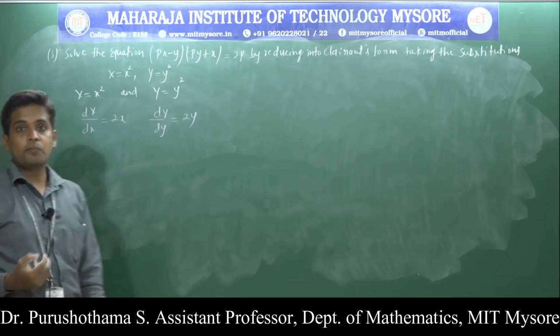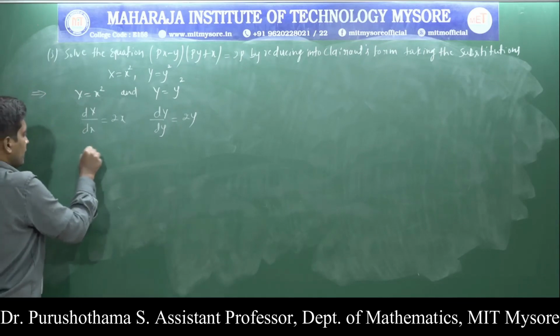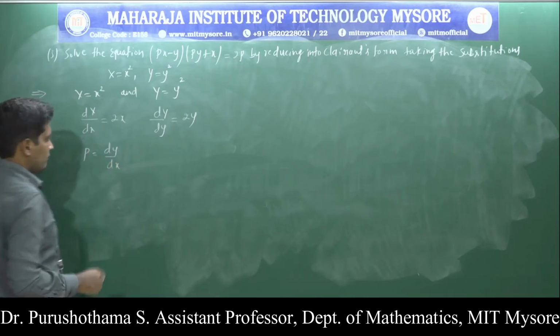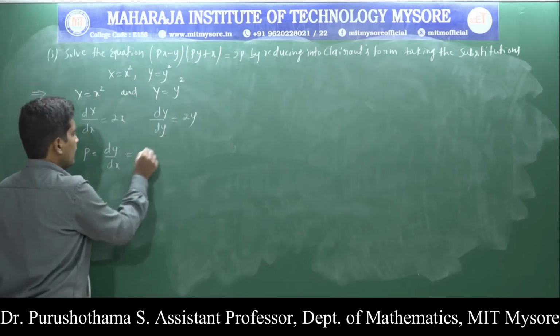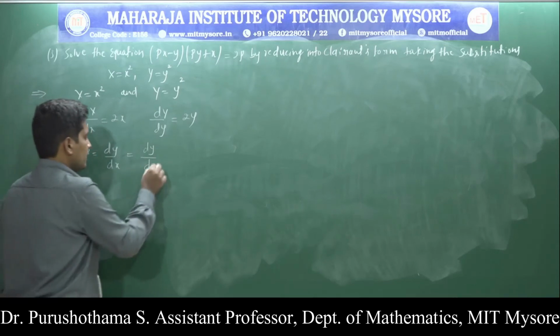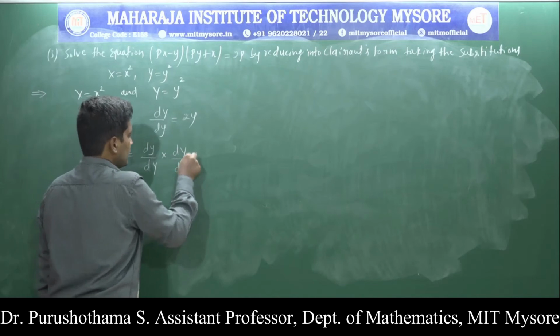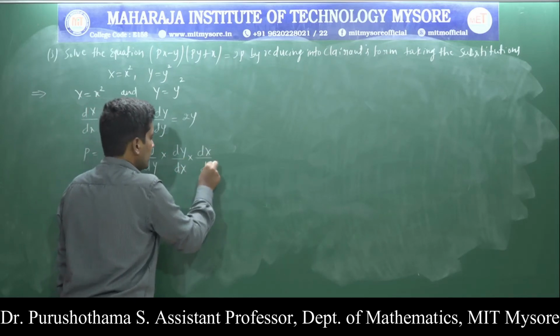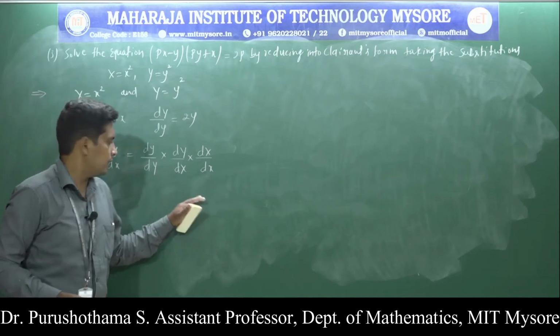But we know that p is dy by dx. Therefore, p is equal to dy by dx, which by the chain rule is dy divided by dY, times dY divided by dX, times dX divided by dx. Here I am using the chain rule.